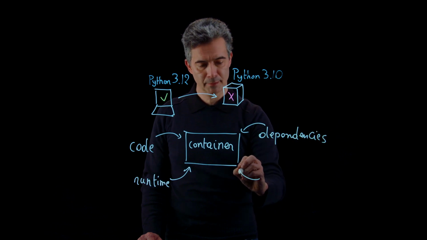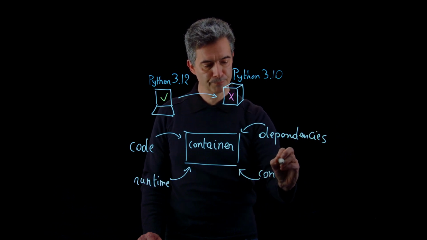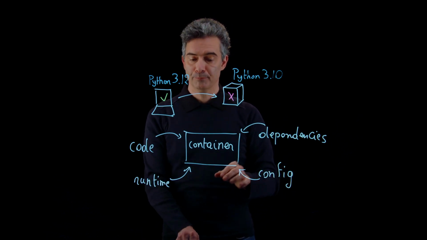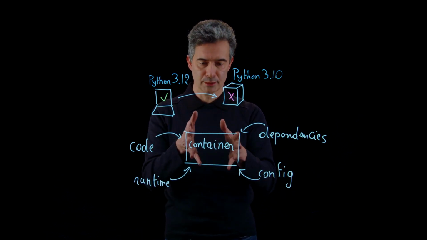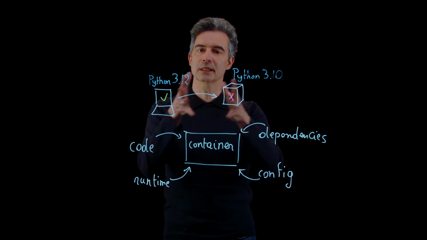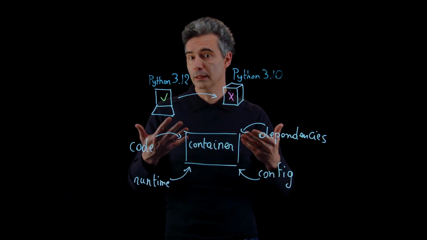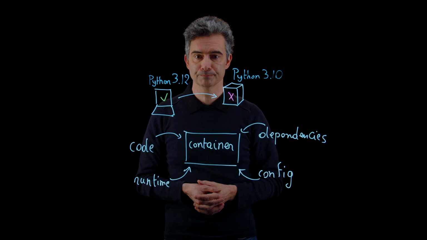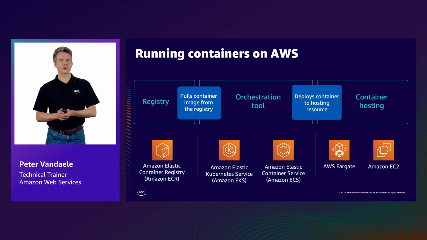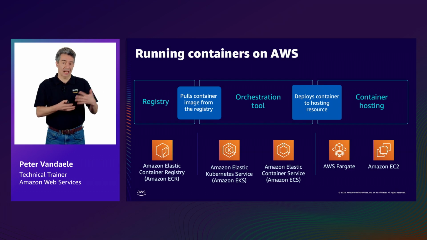And finally, any configuration that we require to run our application code. And this way, once we've developed our code inside a container, all we need to do is move the entire container to the server and everything will run smoothly. Containers can run on any operating system. And they give us a balance between the long-running compute that EC2 gives us, whilst being extremely quick to scale and run, similar to Lambda.